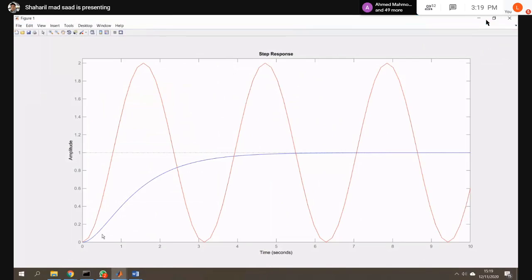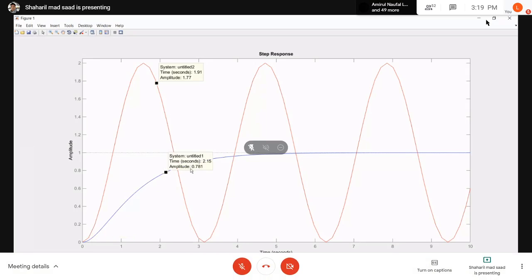So this is the overdamped case, when zeta is more than 1, and this one is undamped, where there is no damper, so you get this kind of graph, the oscillation. We want to achieve 1. Overdamped can achieve it, but it will take some time.